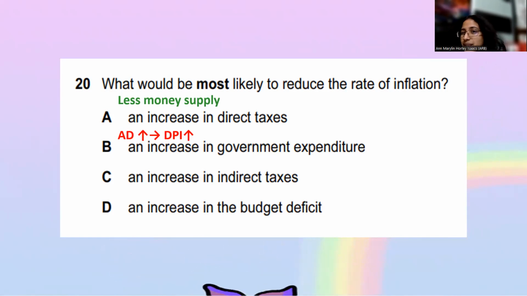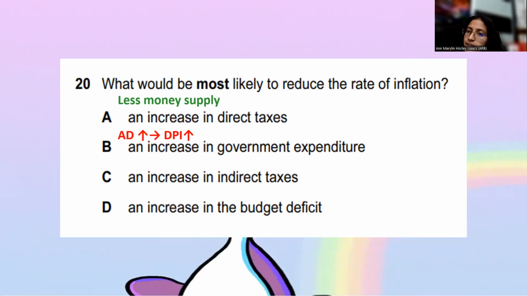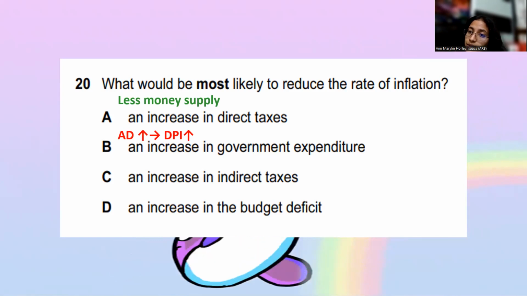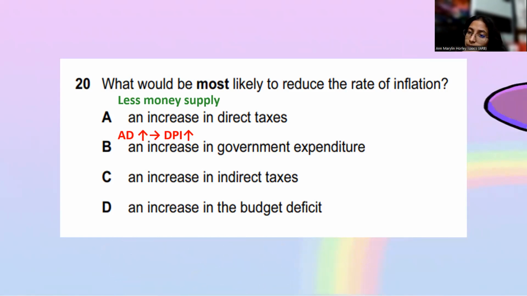Now, this one operates a little bit differently from direct taxes. Indirect taxes are taxes charged on your goods and services. You go to KFC, you buy your fried chicken, and at the end of the bill, you get a little government tax at the bottom, which is added to your bill. You go to a restaurant, same thing.